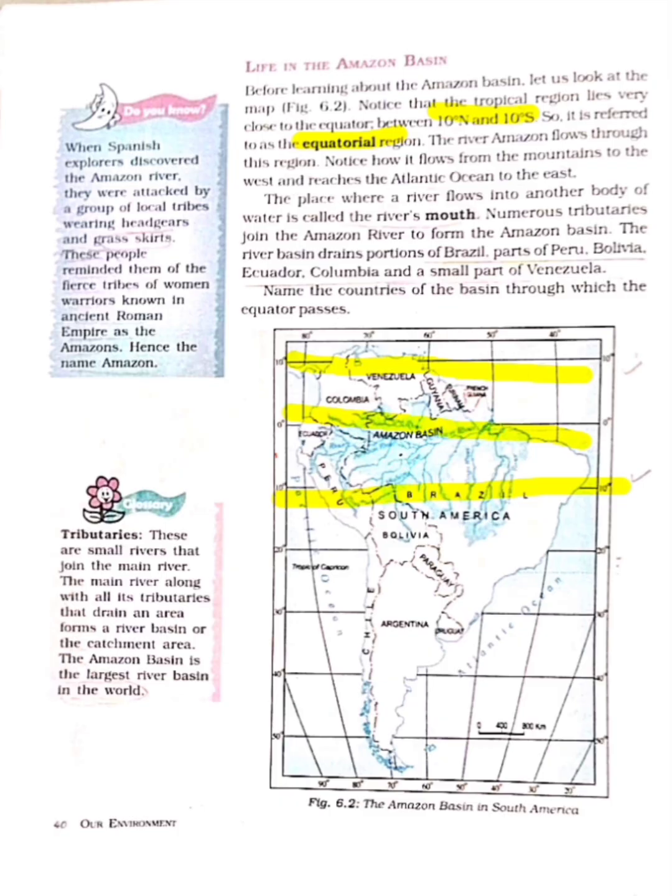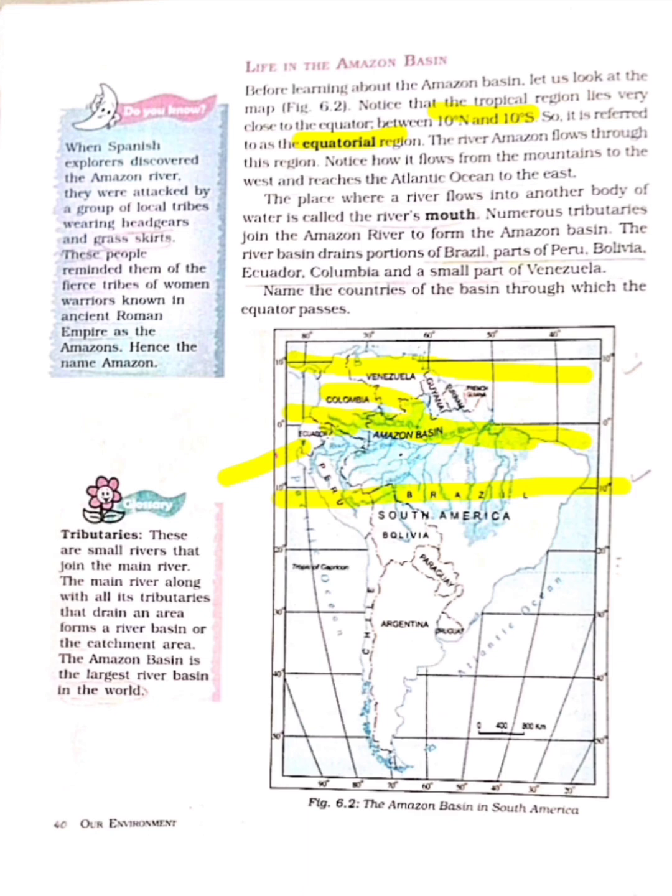You may remember some countries here: Colombia, Ecuador, and Brazil, through which the equator passes. And in the south, the Tropic of Capricorn passes.